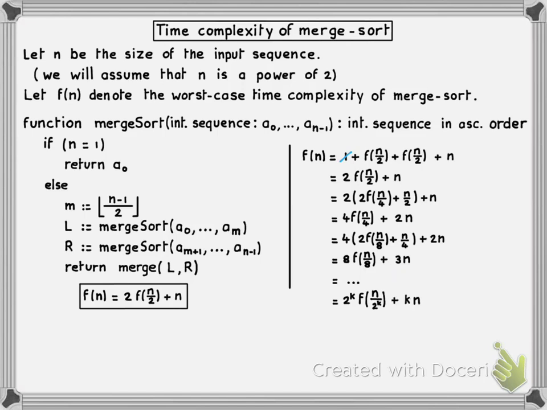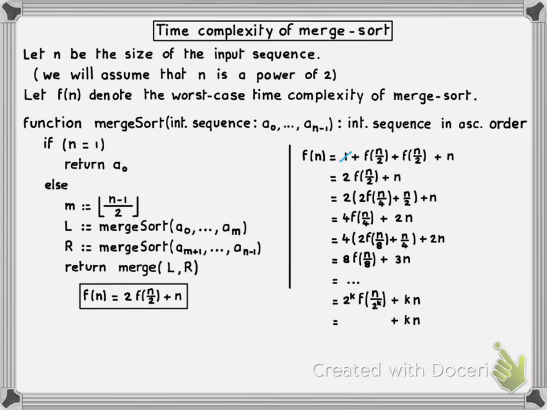So, what happens here? Notice every time we go to the next step, the argument to f is divided by 2, which is why we have a power of 2 in the denominator here. But remember, n is also a power of 2 in our assumption. So what happens when you keep dividing n by 2? Well, eventually, this fraction is going to be equal to 1.